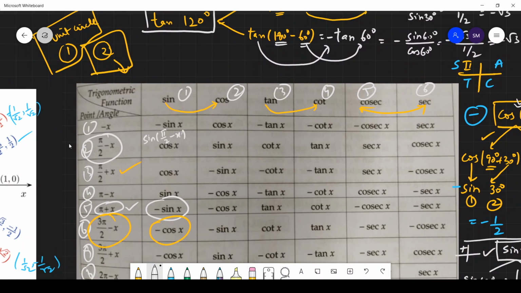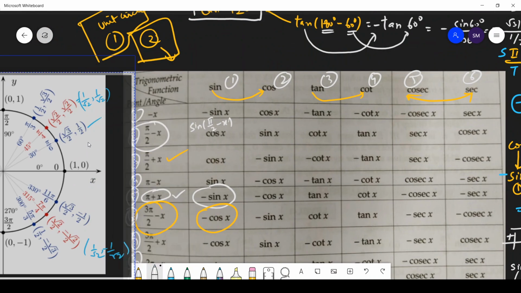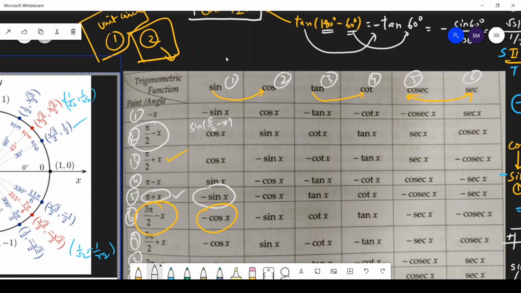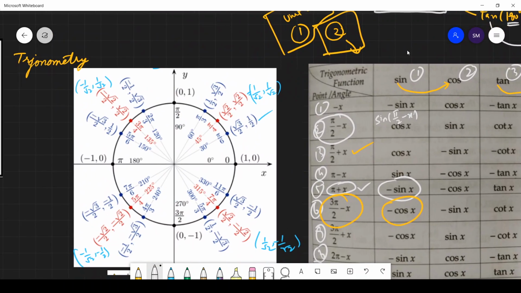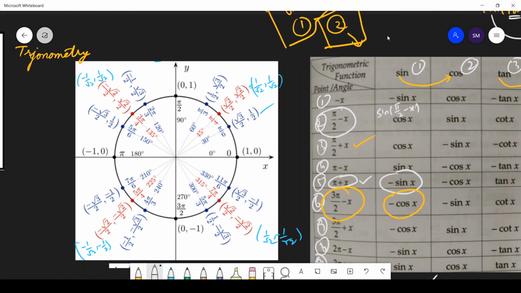Now see, one more thing I want to tell you about the unit circle. As you know, this is a circle, students, and this is any point (x, y) on the circle. This is one unit, right? Unit circle.